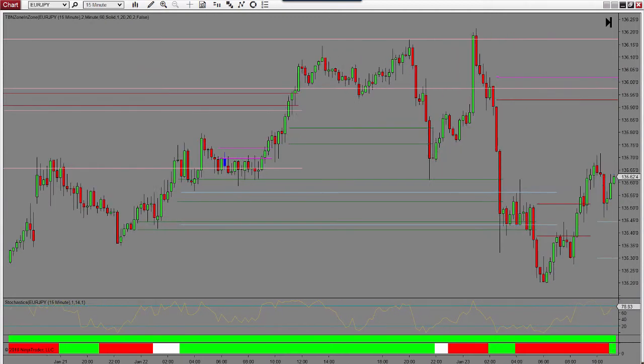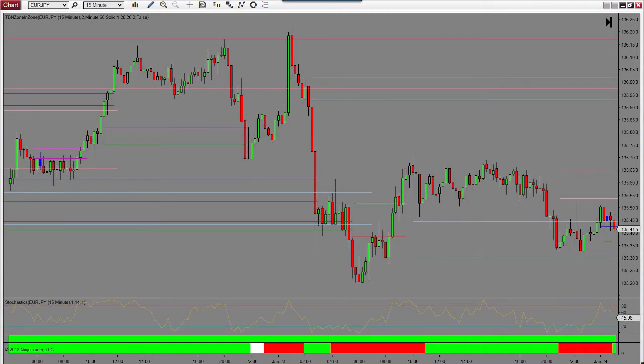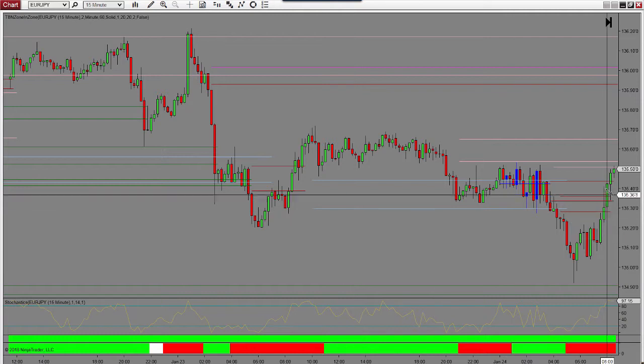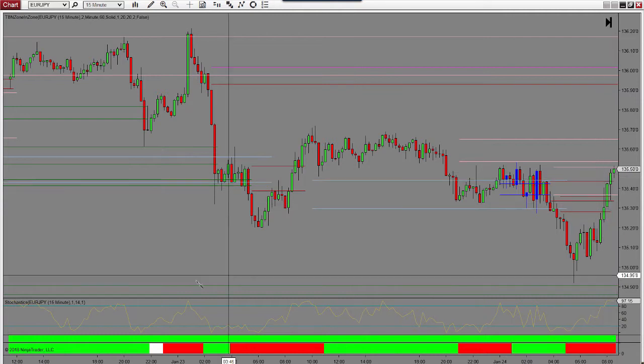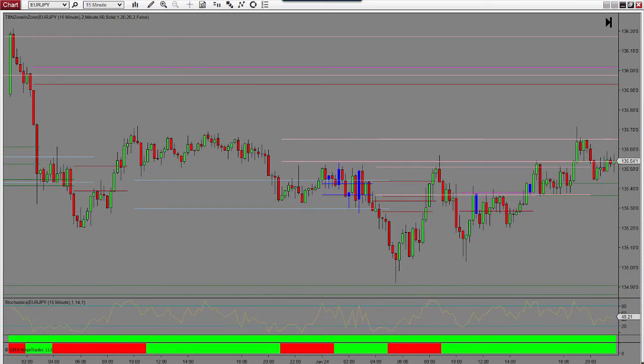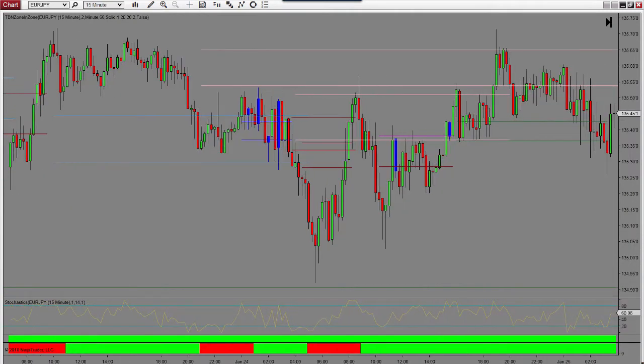See what happens if we get back up there. Okay, now you have one right here for the long side. Did not work out. You have one here for the short side. Looks like it's going to get ran over. Oh, maybe not. Yep.